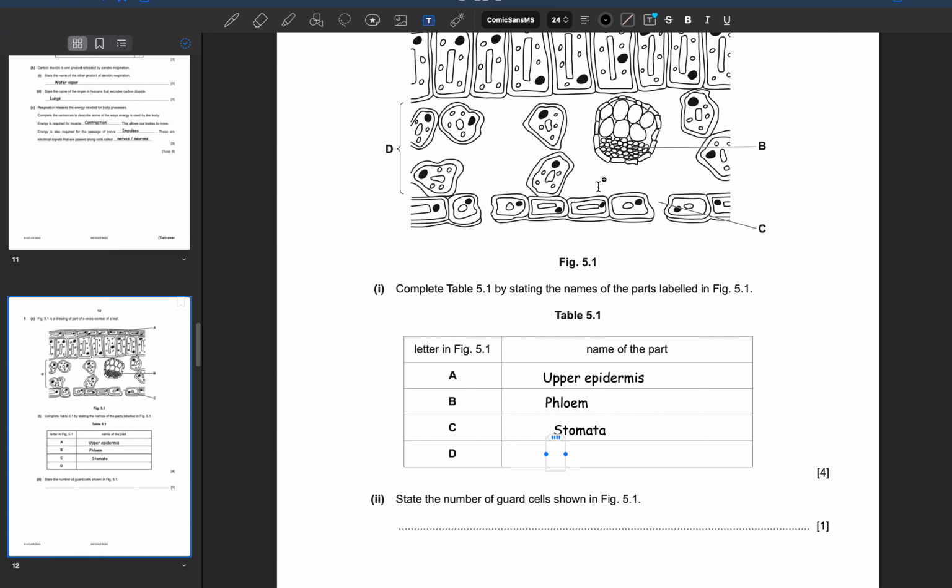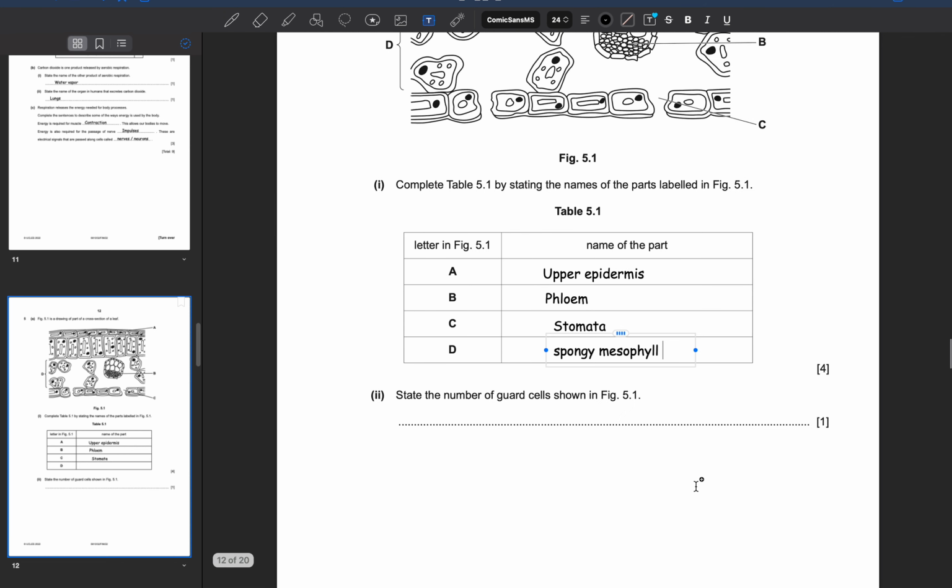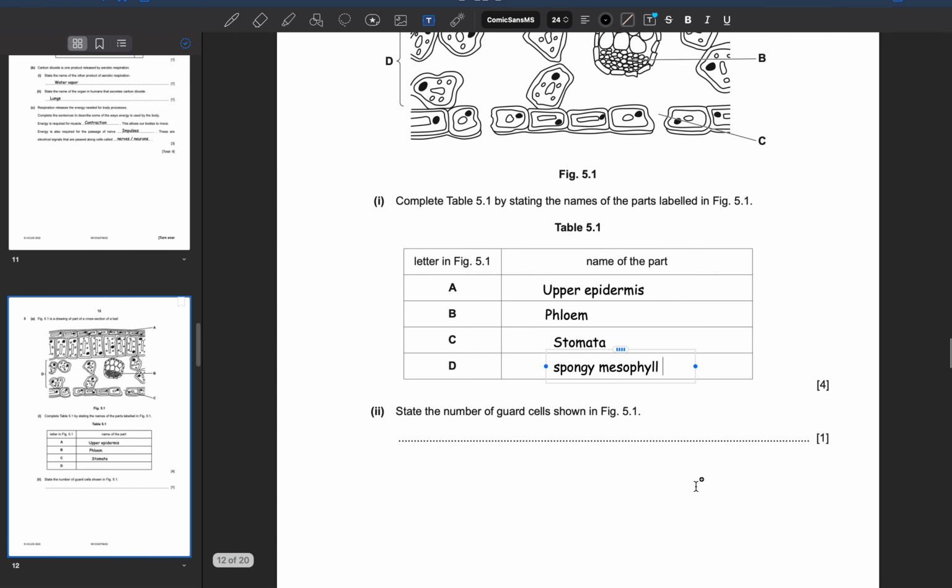It's the sponge mesophyll, containing the sponge mesophyll cells and the air spaces. This is called the sponge mesophyll. Okay, these are the 4 labels that I have.